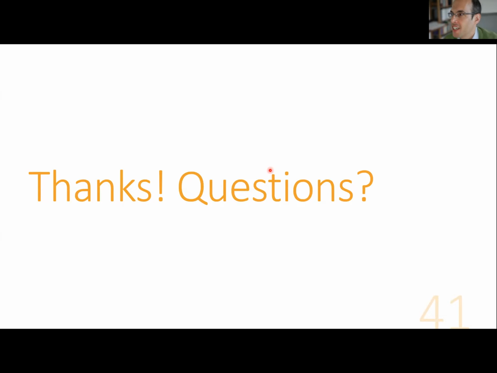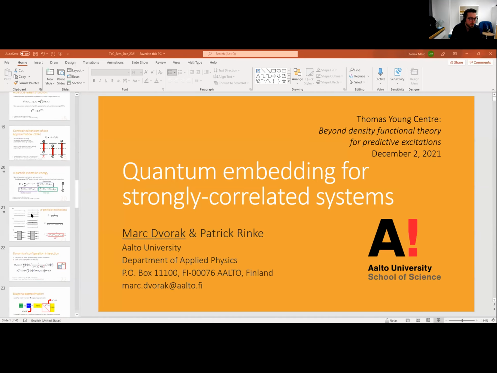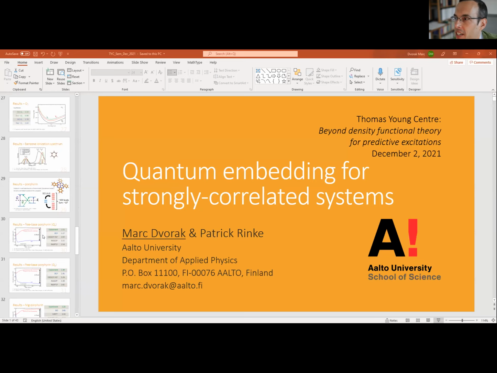So I was just wondering about these CASPT2 results for porphyrin. For the Q band, you had a relatively large deviation from the experimental value. I think it was 0.5 eV or so. Okay, let's bring it up. That seems really large.